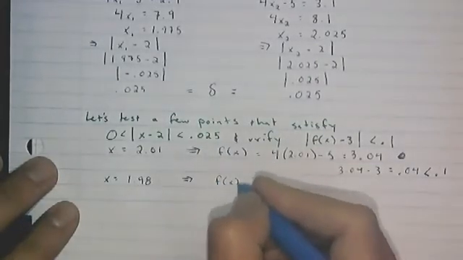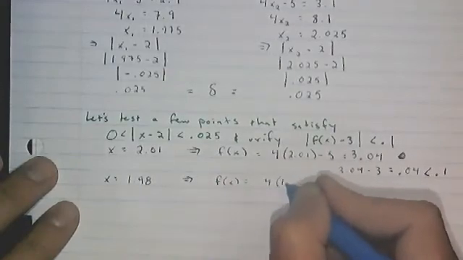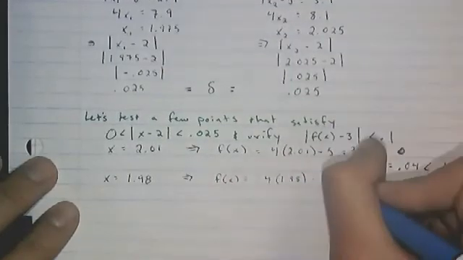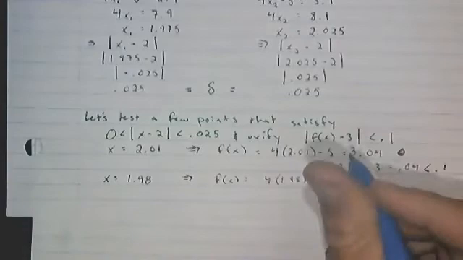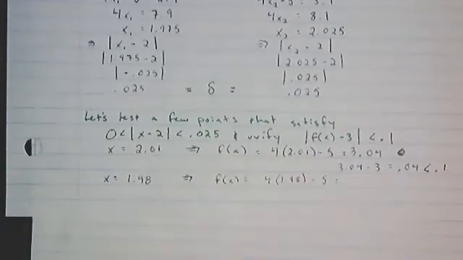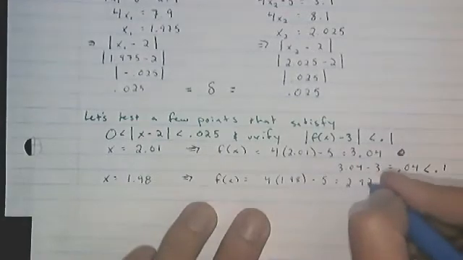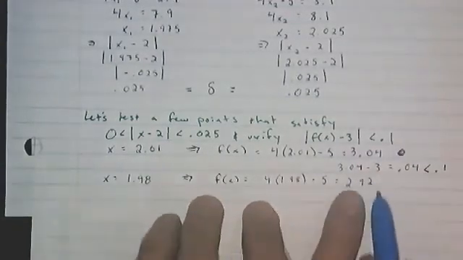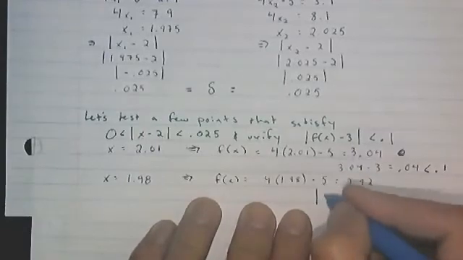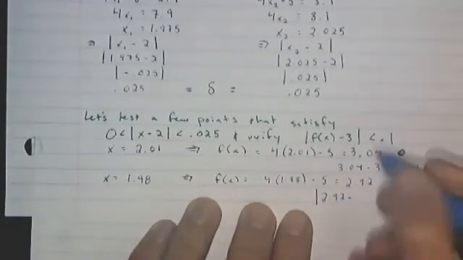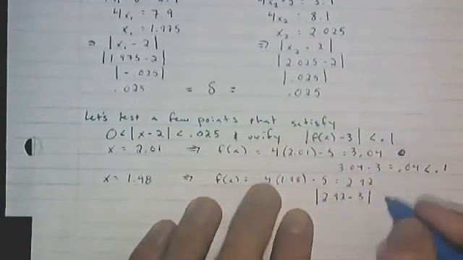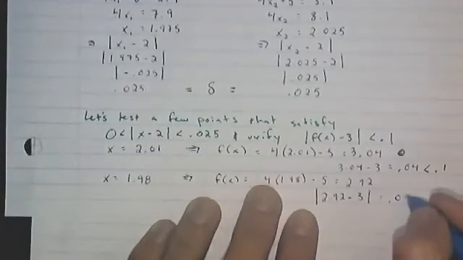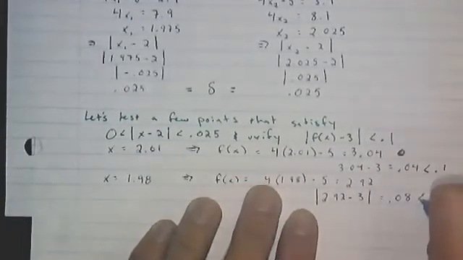So f of x then is equal to 4 times 1.98 minus 5, which is 2.92. The absolute value of 2.92 minus 3 is 0.08, which is less than 0.1.